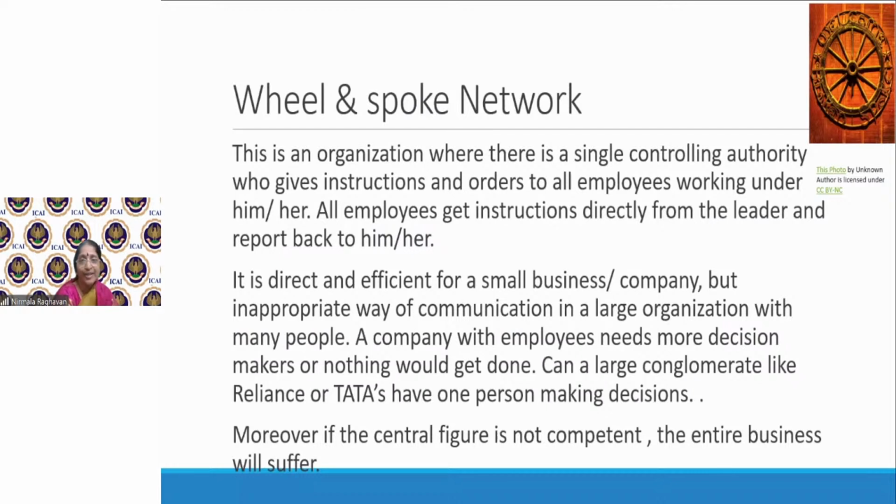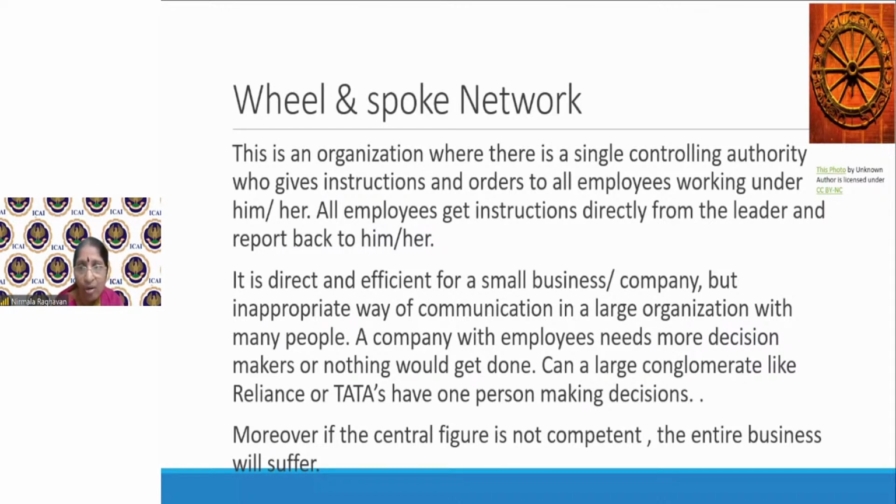All employees get instructions directly from the leader and report back to him or her. It is direct and efficient for a small business or company, but an inappropriate way of communication in a large organization with many people. A company with many employees needs more decision makers or nothing would get done.